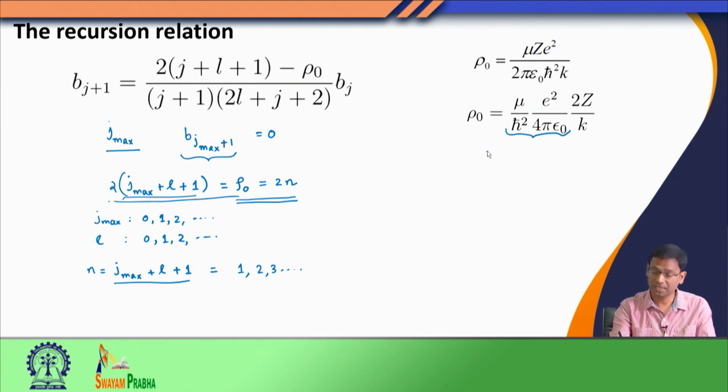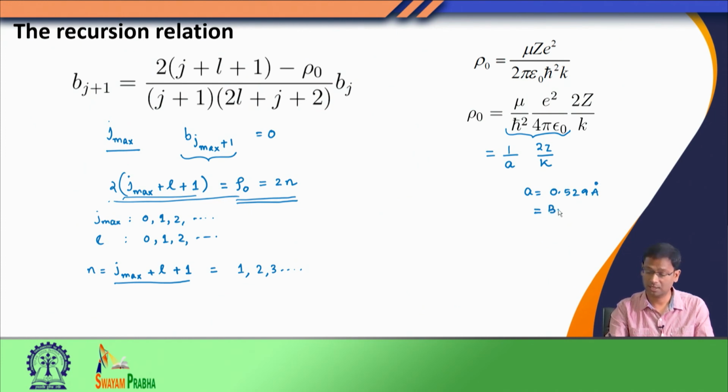When you determine their value, you would find this one turns out to be, we will give a small name to this one, 1 over A, where A's value is 0.529 angstrom, and this also has a popular name. This is known as the Bohr radius.